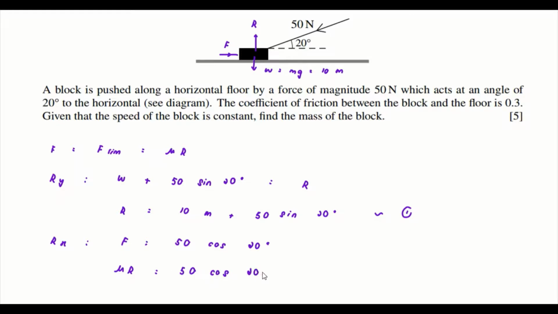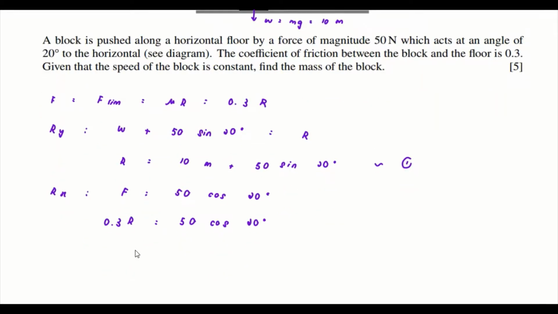It's given in this question that the coefficient of friction is 0.3, so we can write 0.3 R. Then we can solve this: R is equal to 50 cos 20 divided by 0.3.